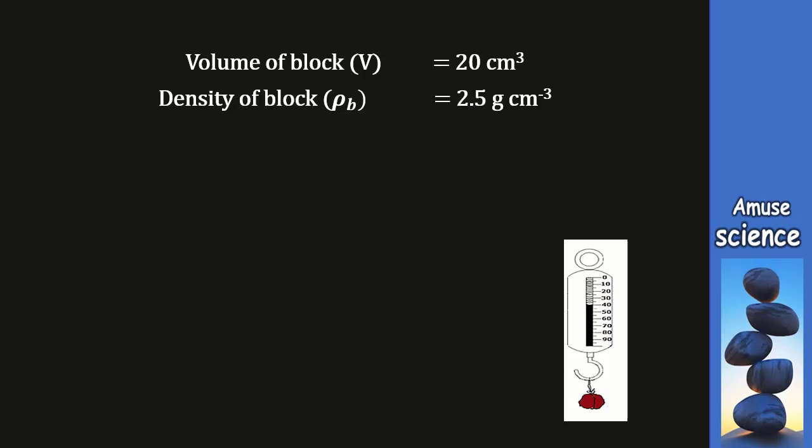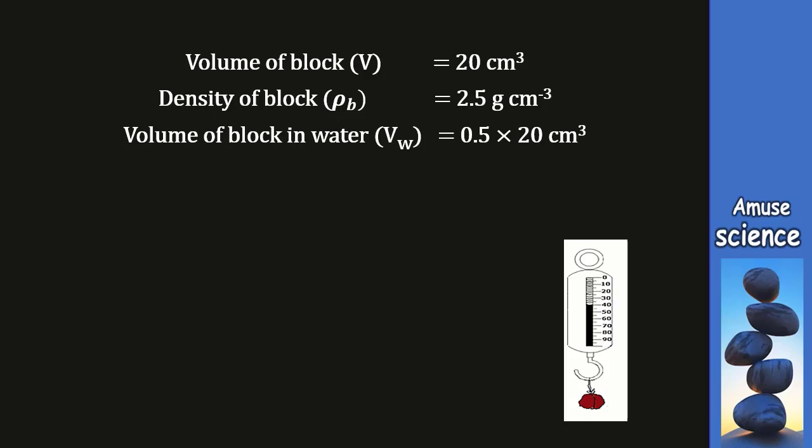So let us continue to note that the volume of the block in water will be half of the volume of the block. We are going to get 0.5 times 20 cm³, and this will give us 10 cm³. We know from upthrust that when a body is immersed in a liquid, it will experience an upthrust.